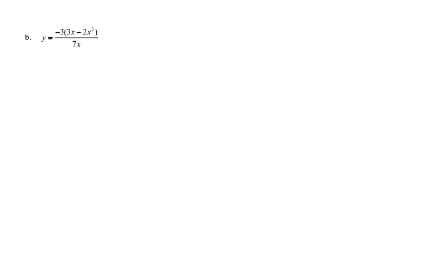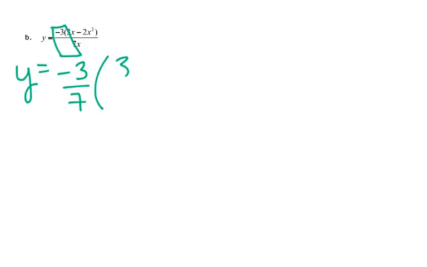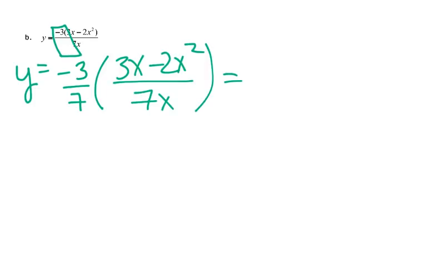All right, when I'm rewriting this, I am going to rewrite below. You can do it in the middle, though. There's a constant here, the negative 3 and the 7. So I'm going to put negative 3 over 7. Then we have (3x minus 2x squared) over x, sorry, not 7x, just x.